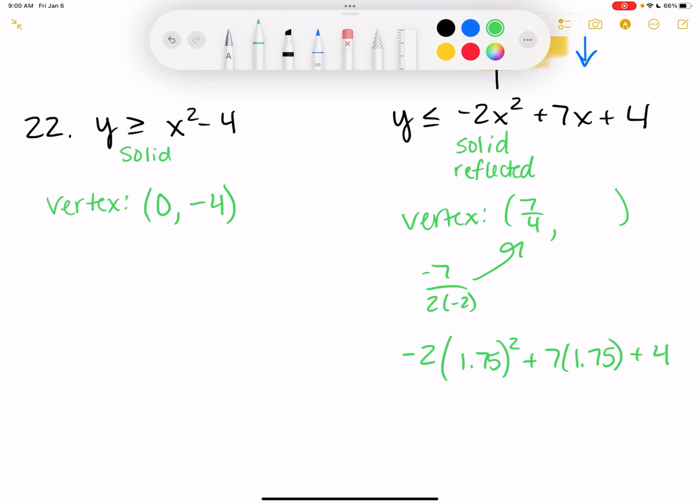So this is 10.13 approximately. And that was 1.75 just for reference. Where did we get the x value for the vertex from? Minus b over 2a. Oh, that's right.